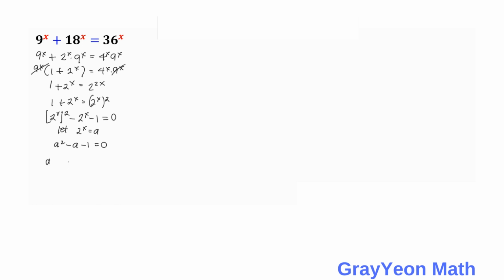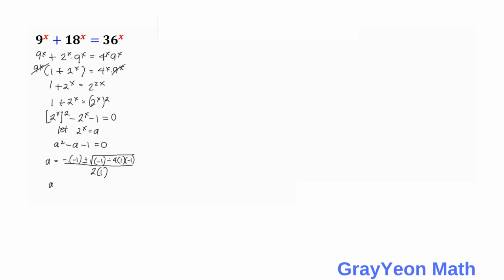So a is equal to negative b, which is negative negative 1, that is positive 1, plus or minus the square root of b squared, which is negative 1 squared, minus 4 times 1 times negative 1, all over 2 times a, which is 1.